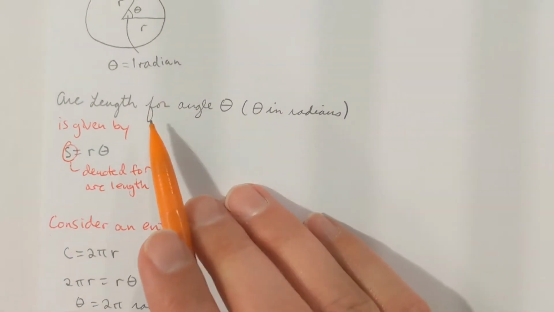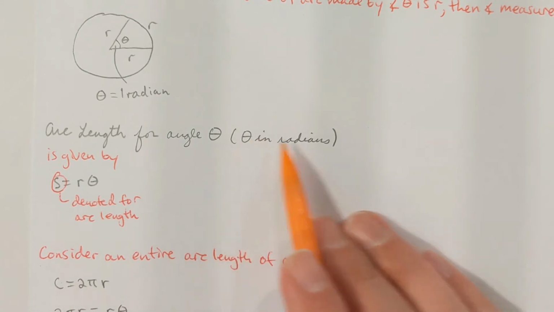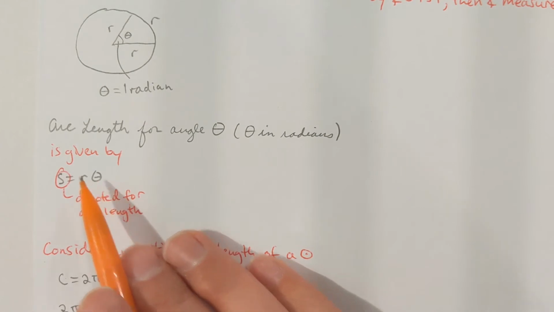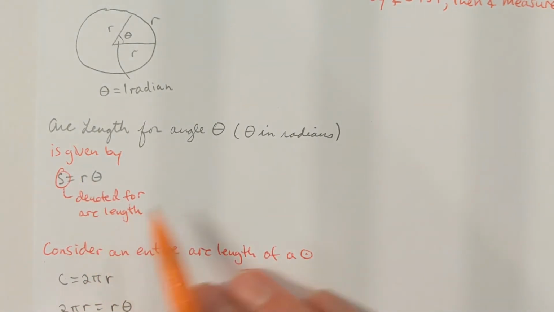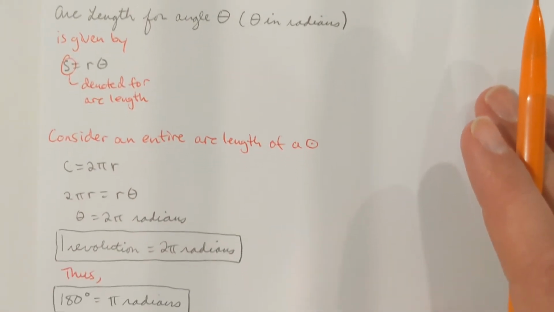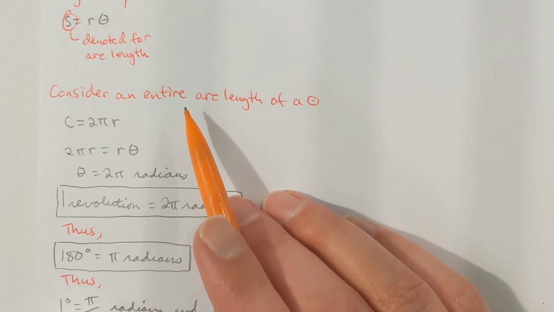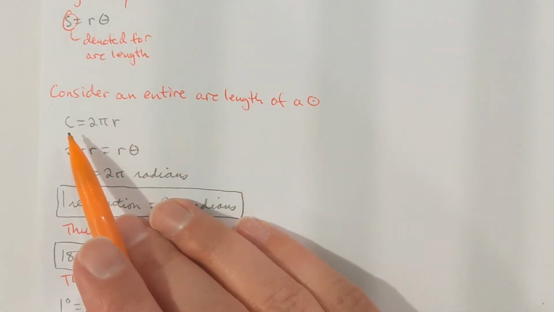The arc length for angle theta in radians is where you take r times theta. S is what they're using for notation in the book for arc length. Now suppose that we had an entire circle. Okay, the entire distance around the circle would be the circumference, right?